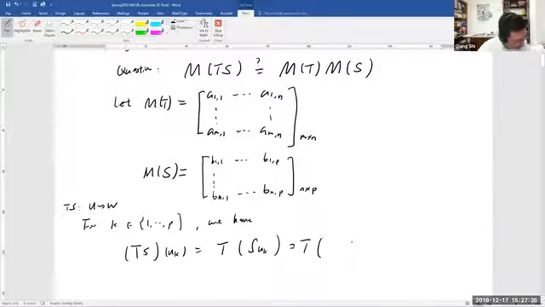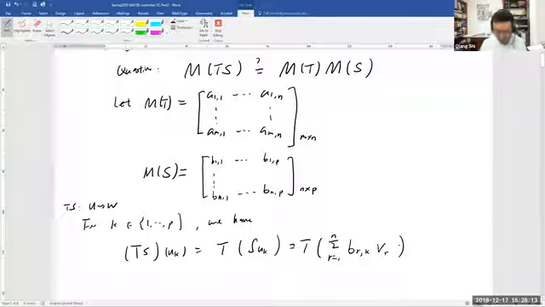S of U sub K as the sum, let me put R from 1 to N, for anything in the vector space V. We can write this as B sub RK times V sub R. Okay, I think we're good.